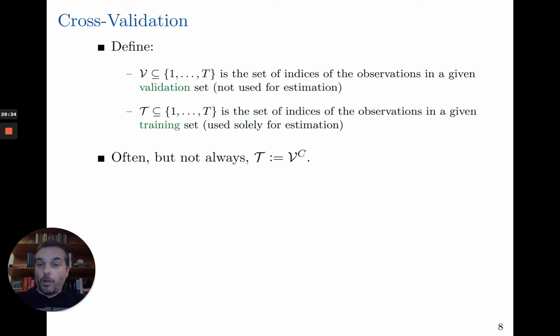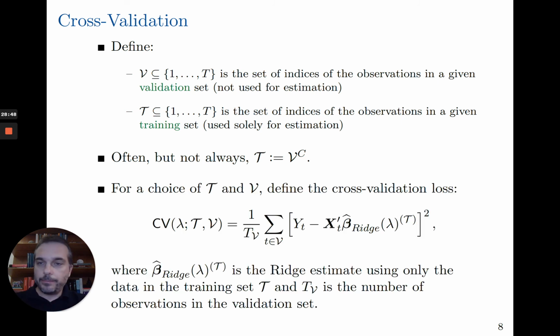So often we want T to be the complement of V. There are some exceptions, but in most cases, we want that. Okay? So then for a choice of calligraphic T and calligraphic V, the 2 sets, we can define the cross-validation loss. That will be the error over the observations in the validation set.